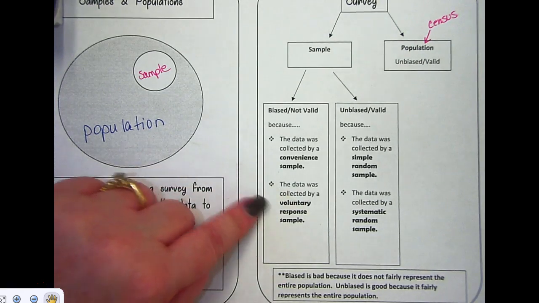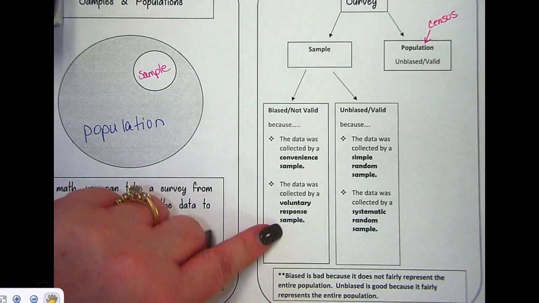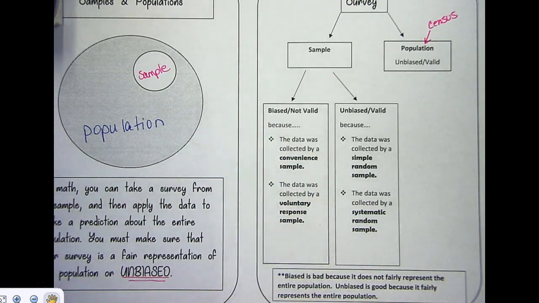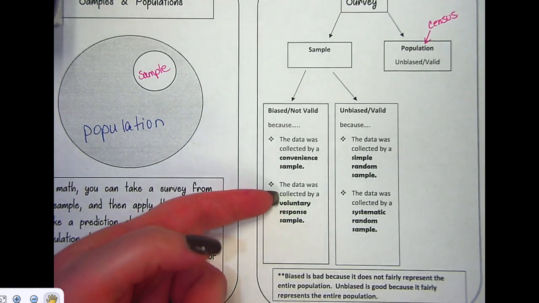The data was collected by a voluntary response sample. That might be, say you're watching TV on, I don't know, Freeform, and they say, if you want more shows like the one you're watching, call this 800 number. Well, that's called a voluntary response sample.